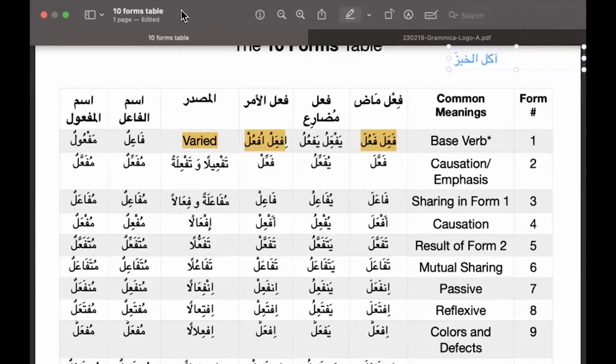Ta'adda means to cross over. And in fact, the word 'aduw, which means an enemy, from the root 'adawa, is from the same word, which means to cross over in somebody's land. Okay, so transitive means it takes a direct object.